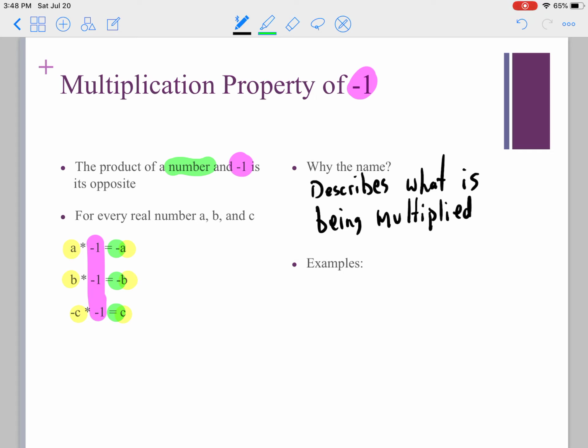So an example, 112 times negative 1 is equal to the opposite of 112, or negative 112. And a second example, negative 25 times negative 1 is equal to the opposite of negative 25, which is a positive 25.